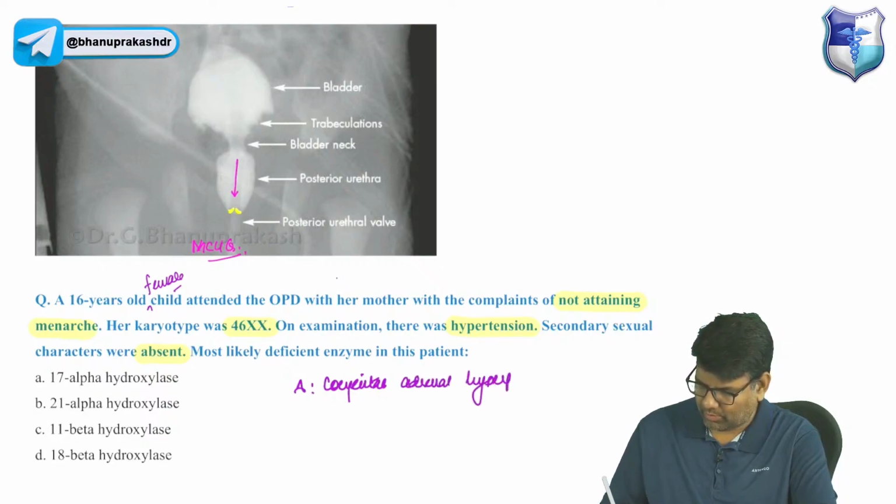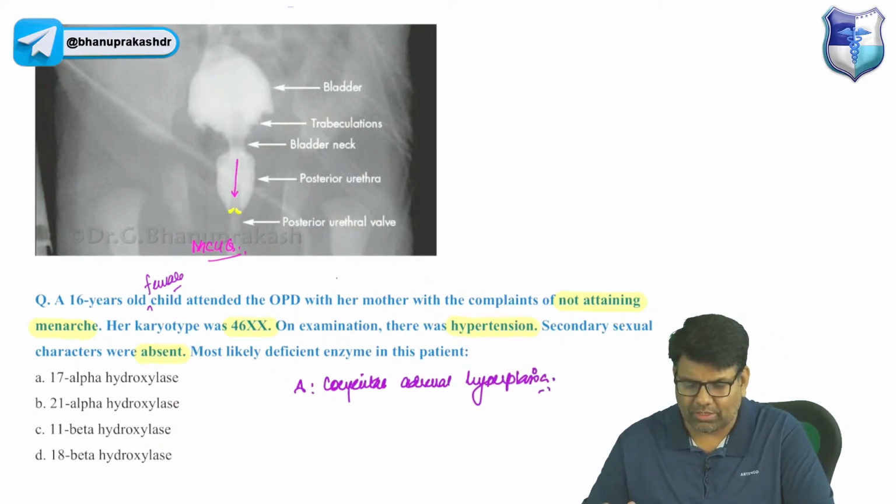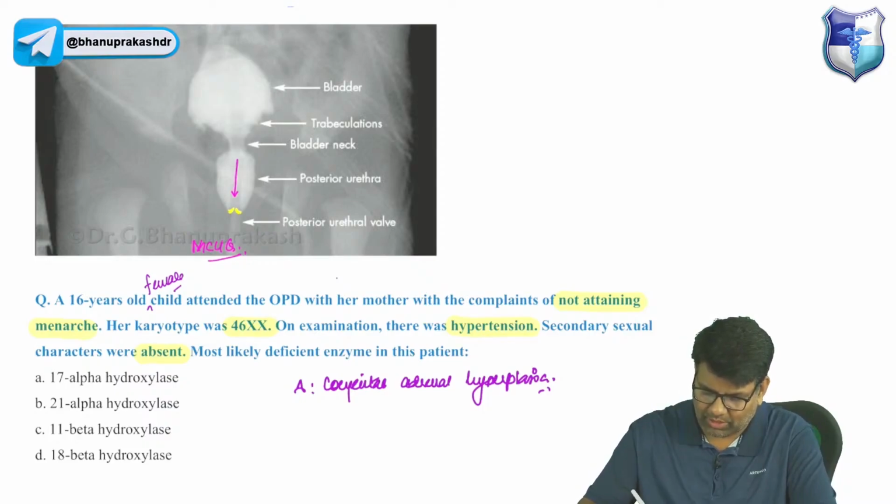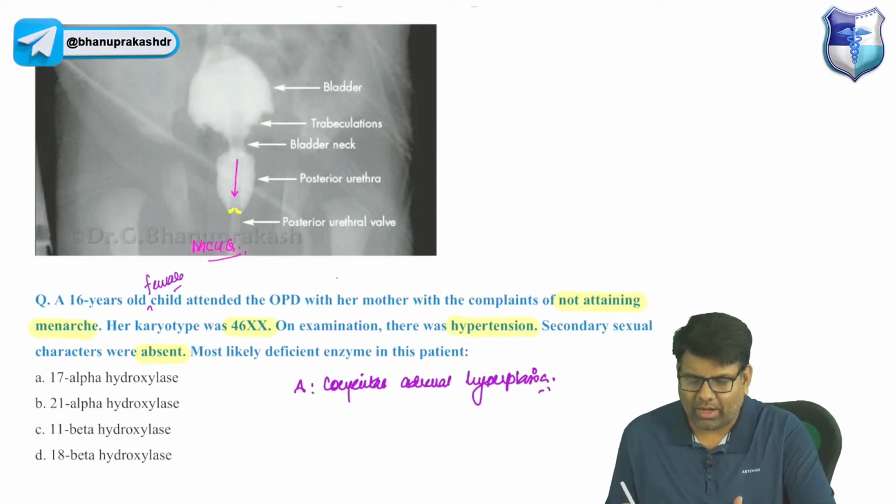But the more interesting part is reaching up to the deficient enzyme, where you have to remember just two things and you will never be wrong in your answer. Number one, look at the phenotype. Look at the karyotype.